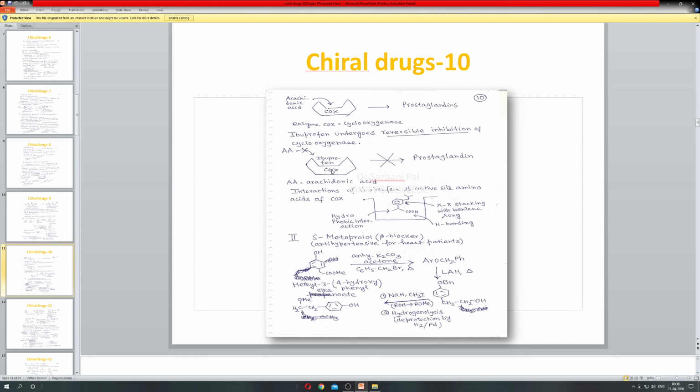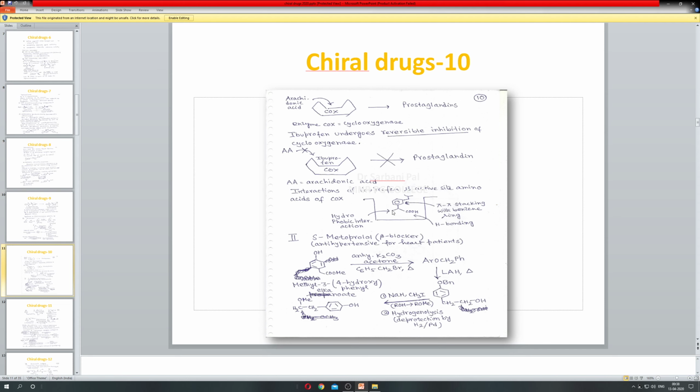Now if ibuprofen interacts with cyclooxygenase, then prostaglandin synthesis gets disturbed, so inflammation slowly goes. This is the active site where the carboxylic acid undergoes hydrogen bonding.